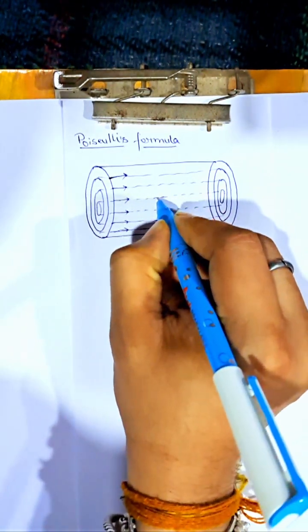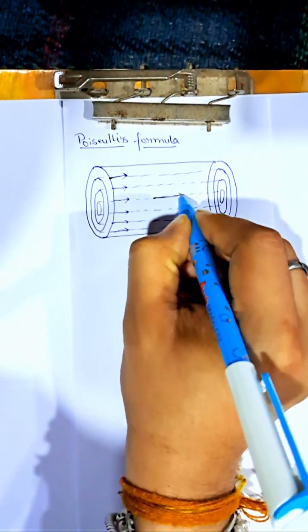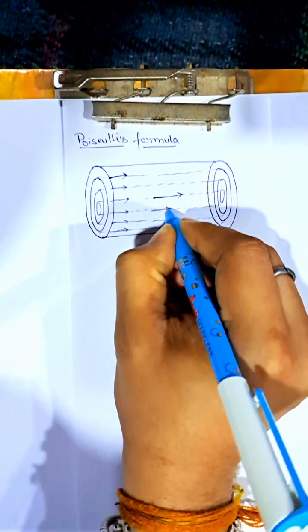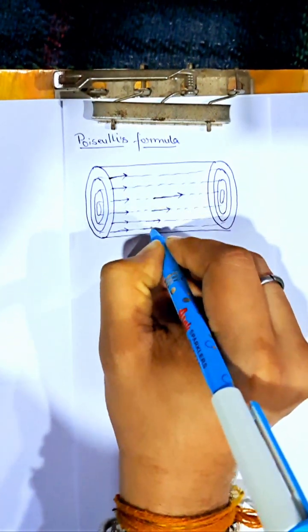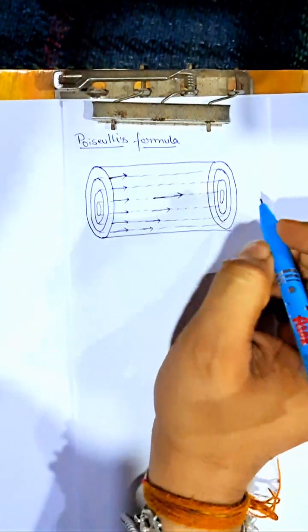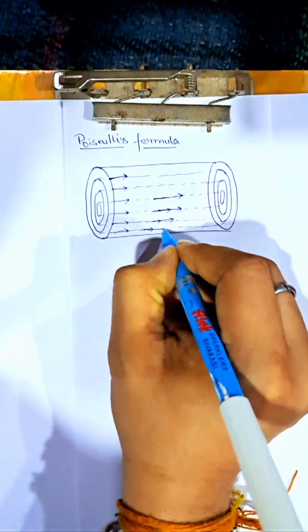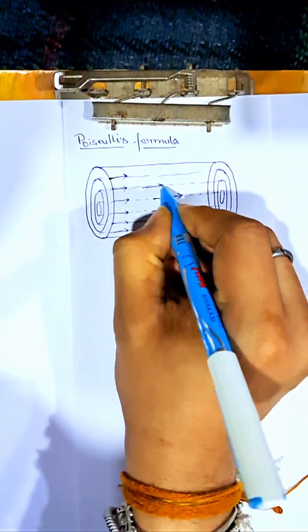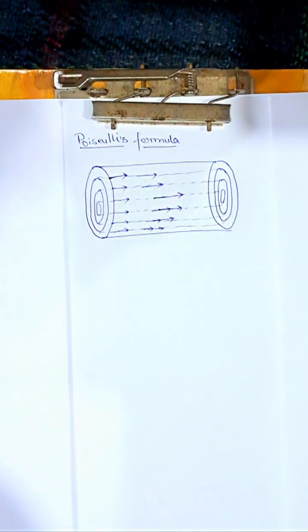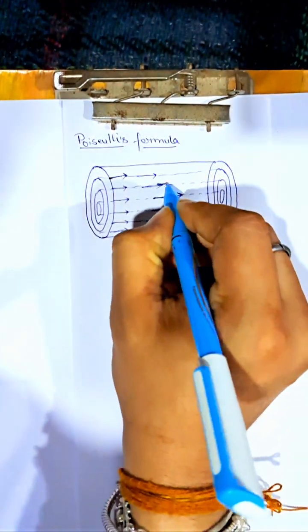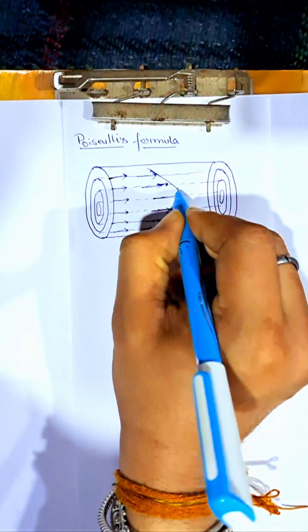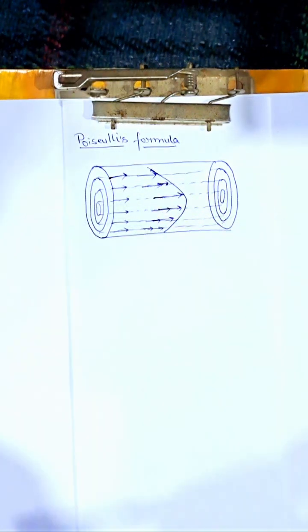So after some distance, there will be some difference in there. So, it is observed that this kind of curvature is obtained.